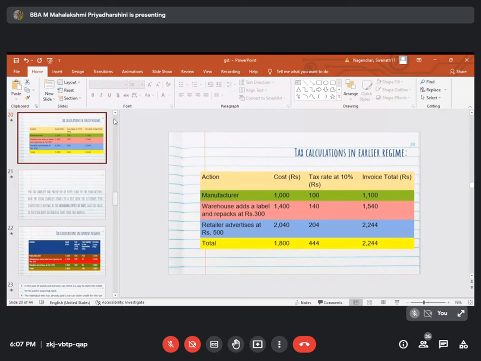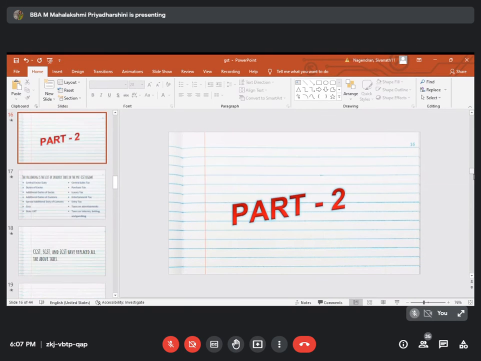We all know that when it was first introduced, many business persons and the public opposed it, because with the help of the old tax system they had earned so much profit, but now they are not able to earn that much. So that's the reason many of them were against the GST concept. Sometimes the reality is very hard to accept, but this is the truth actually.